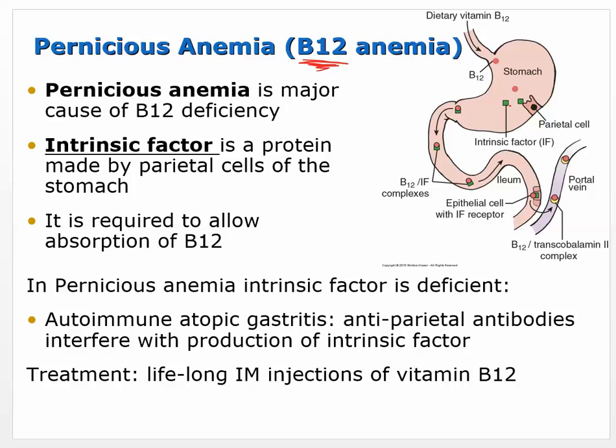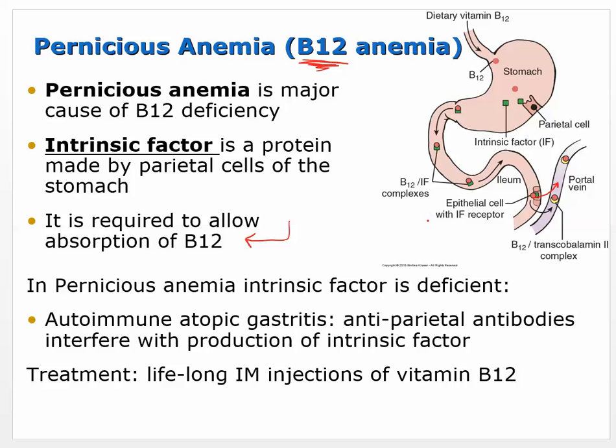Another thing that it produces is this protein called intrinsic factor. Now, B12 is not easily absorbed, and so we produce this protein called intrinsic factor that will bind to the B12 and then carry it into our bodies. Okay, so it's made in the stomach. The B12 will bind to this intrinsic factor, and that will assist with absorption, and so that allows the B12 to be absorbed.